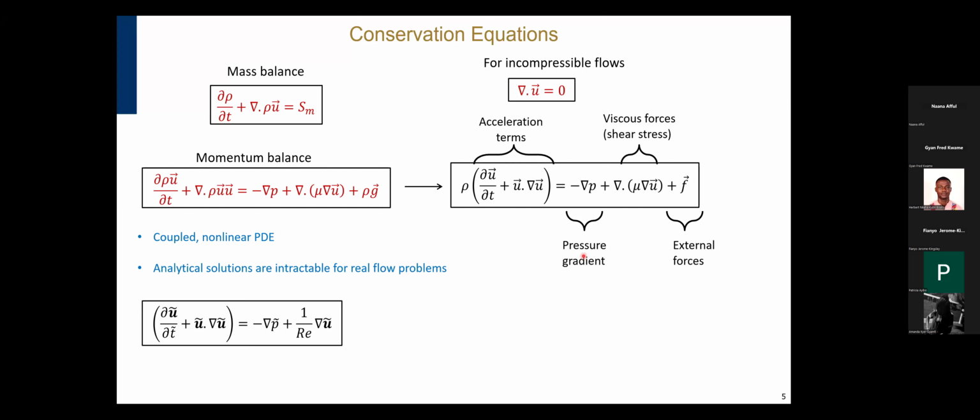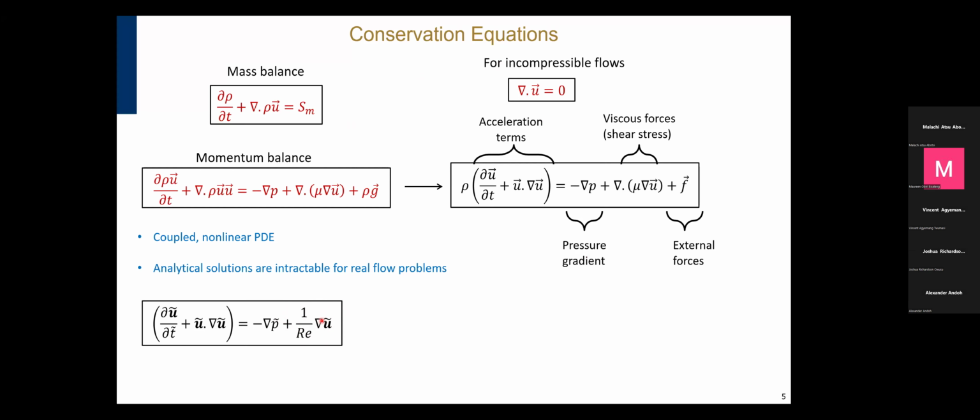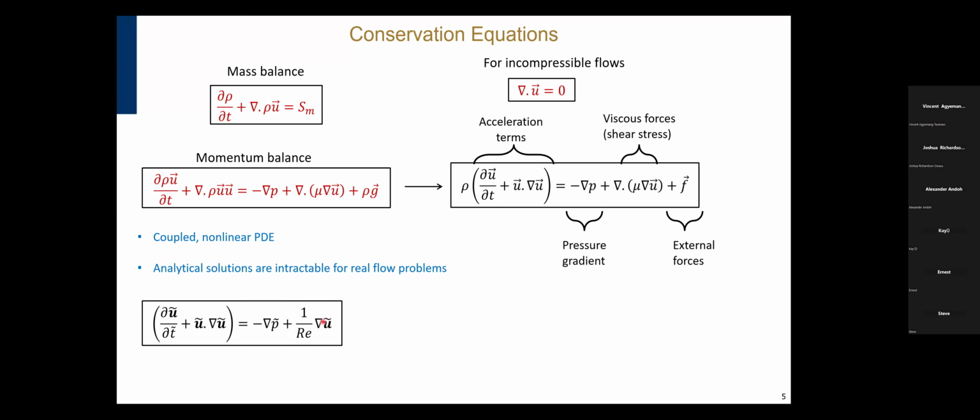This means that at high Reynolds number, your viscous terms reduce to close to zero and are not going to be dominating the flow, but the inertial term is going to be dominating your flow problem.